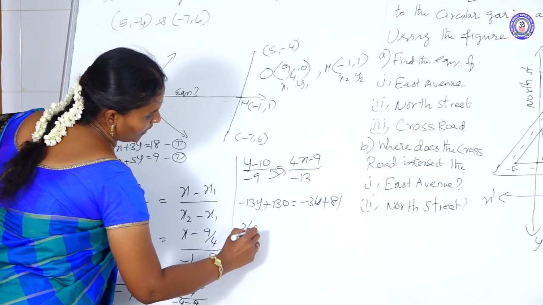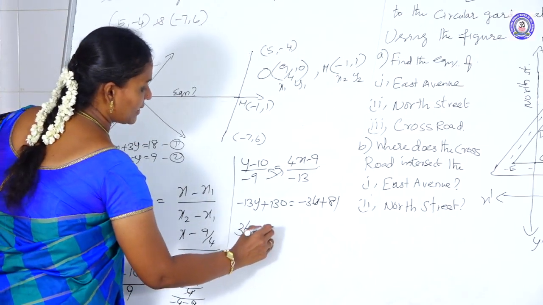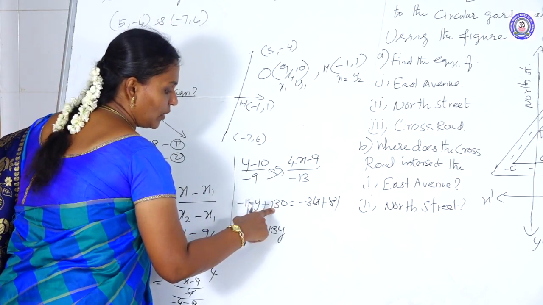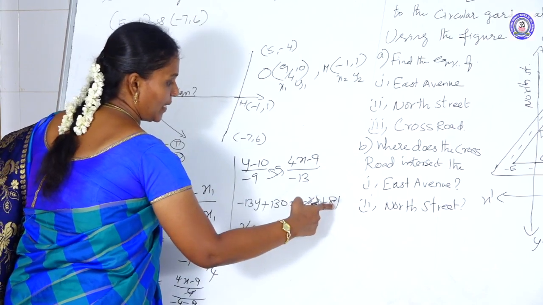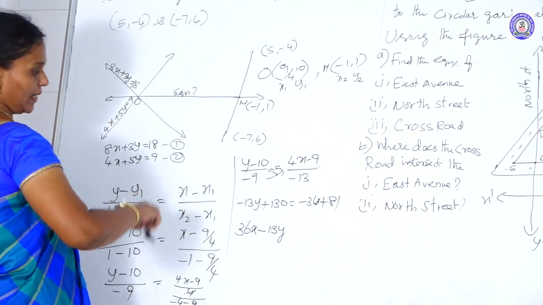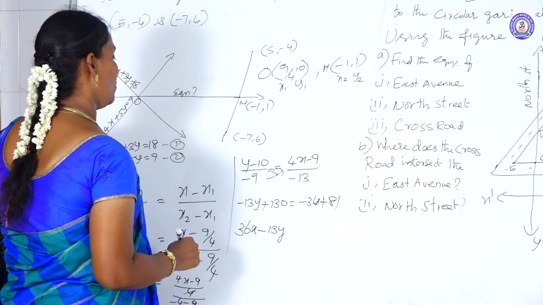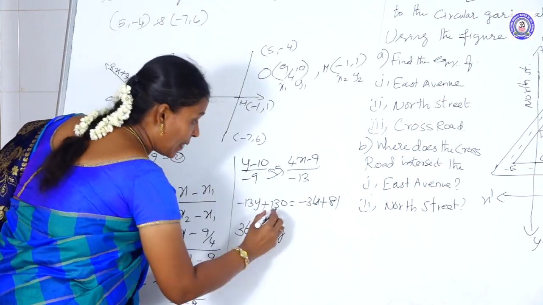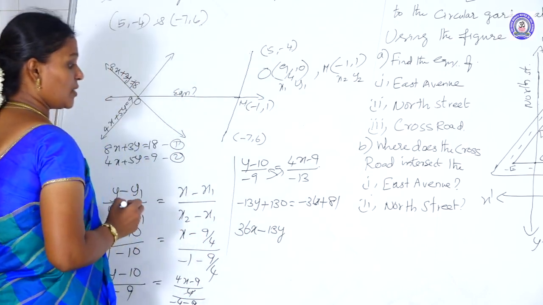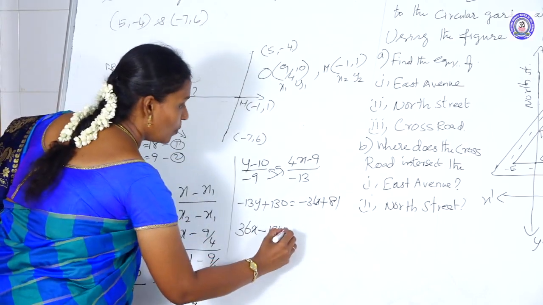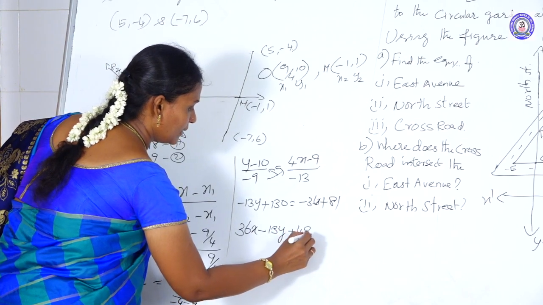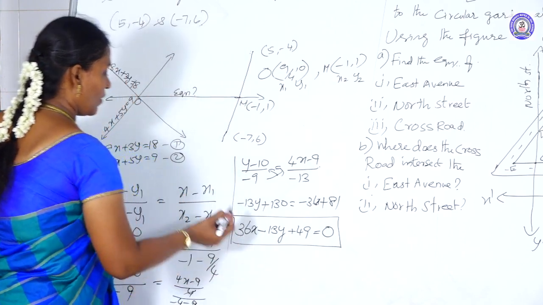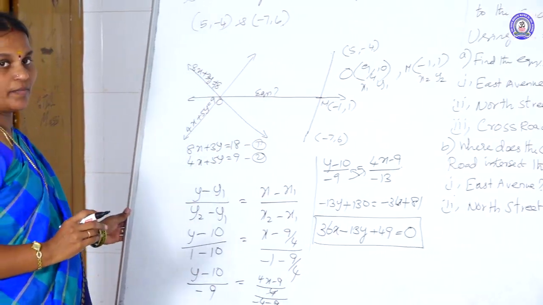So 36x minus 13y, plus 130 is positive, bring the 81 to the left side, that is minus 81. 130 minus 81 is 49. Am I correct? So plus 49 is equal to 0. This is the required equation.